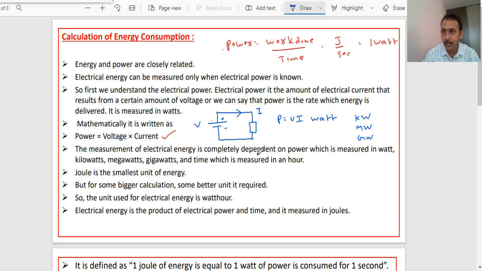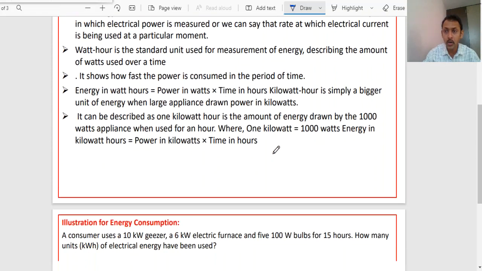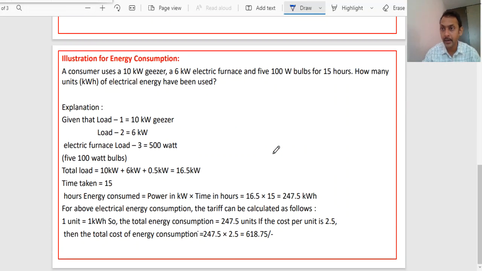How the power is different from energy, and slowly we will discuss for a given electrical load, if it is operated for some period of time, how much will be the electricity bill or how much will be the amount to be paid for the energy consumed. All those things we are going to discuss in this video, right?